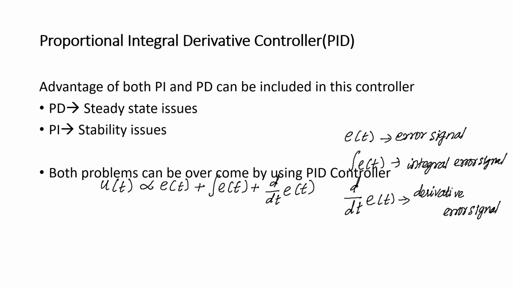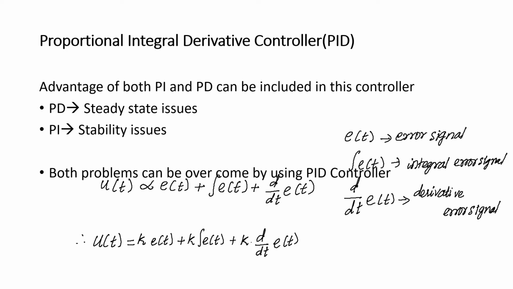Okay. So now we are supposed to remove this proportionality symbol by introducing the constants, right? Therefore, the above equation becomes u of t is equal to, introducing the constants, k times e of t plus k times the integral of e of t plus k times the derivative d by dt of e of t.